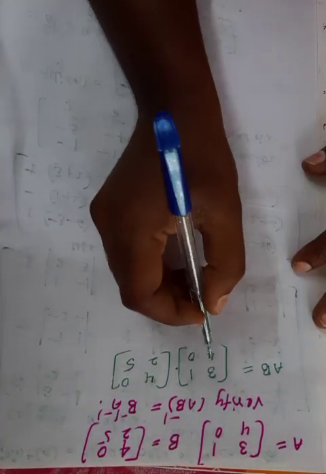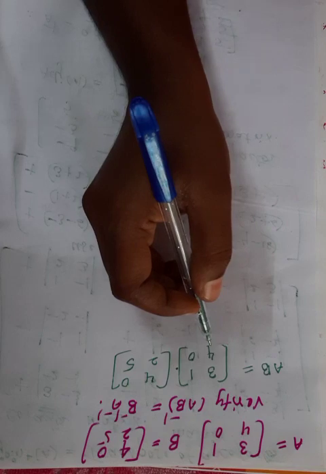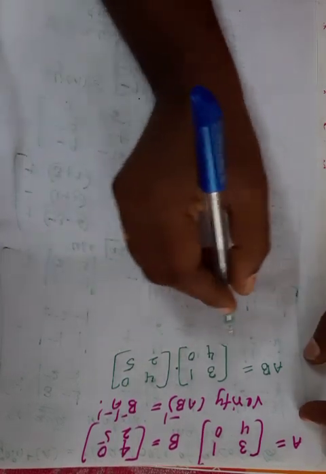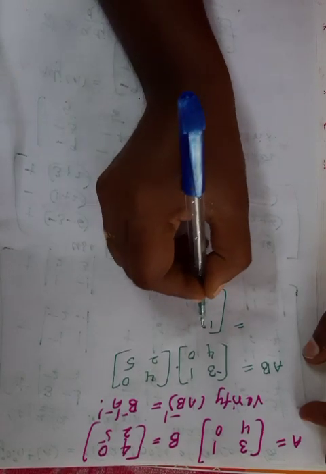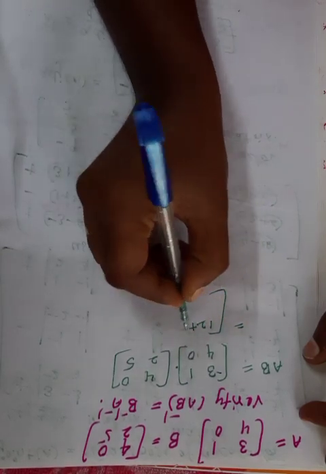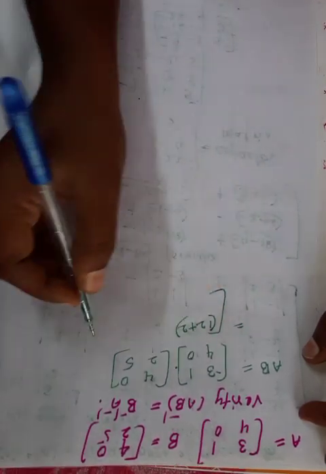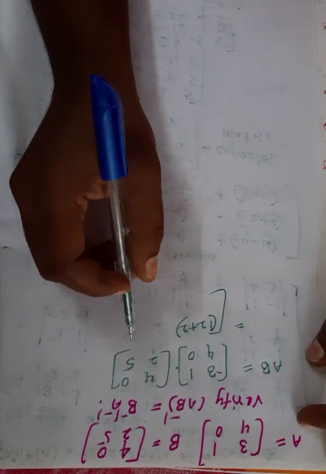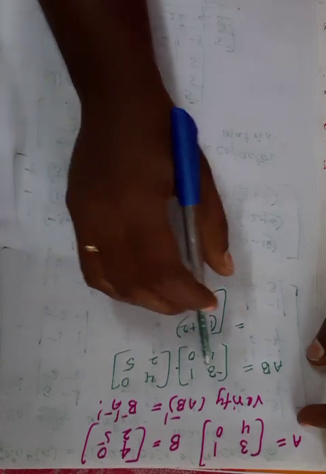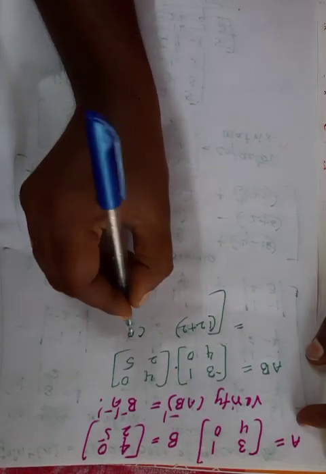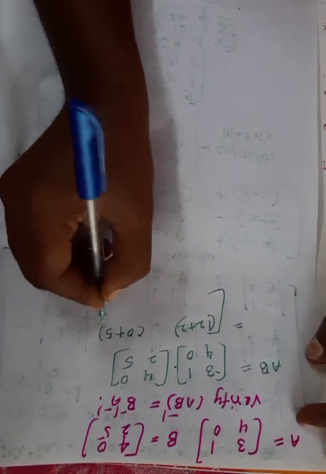So first of all we have to multiply each row with every column in matrix B. Here 3 into 4 is 12, 1 into 2 is 2. So this is the first element. Then in order to get the second element, we multiply the first row with the second column: 3 into 0 is 0, plus 1 into 5 is 5.